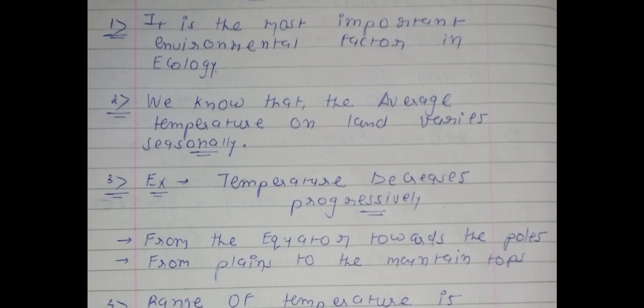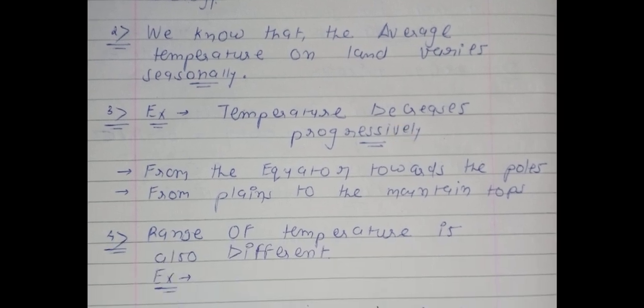If we go to the mountain tops from the plain region, then temperature decreases progressively. Here we have two different types of conditions. First condition, if we go to the pole region from the equator, and second condition, if we go to the mountain tops from the plain regions, then in both directions temperature decreases progressively. So you will remember both.